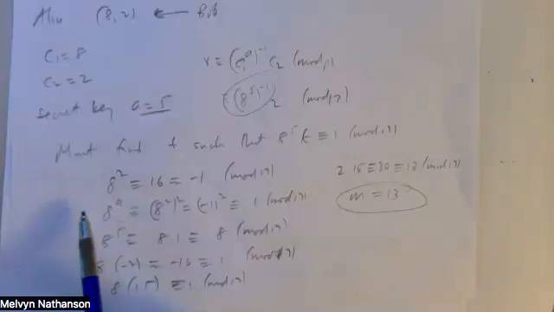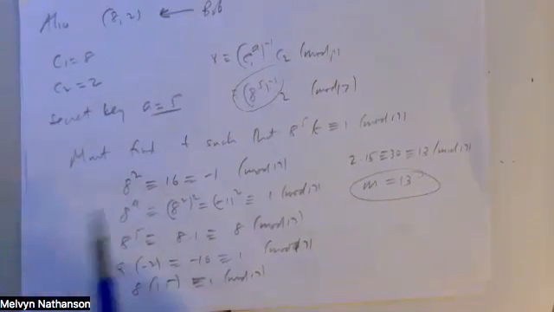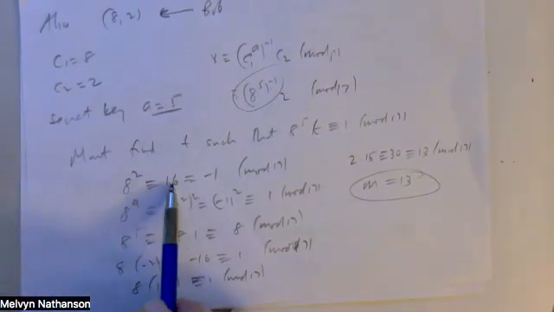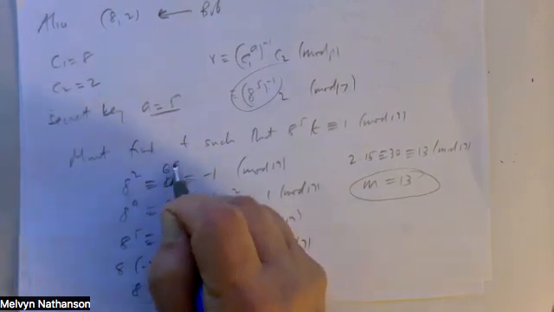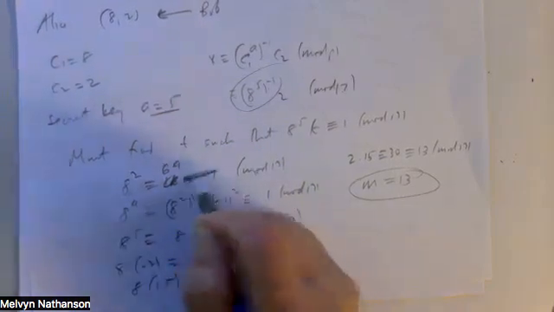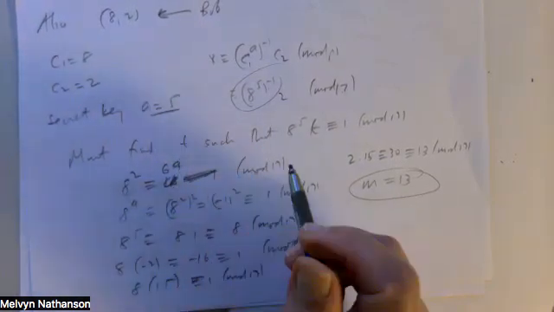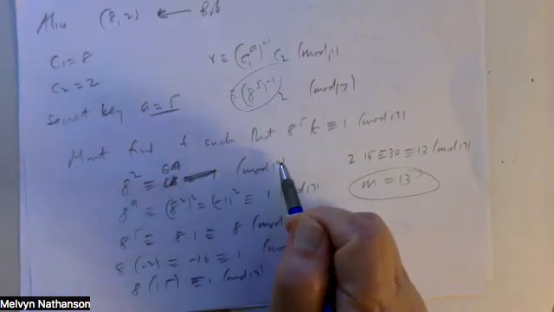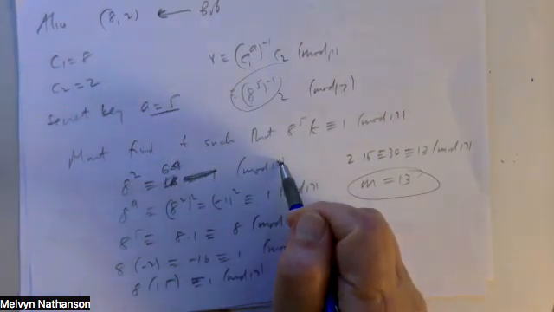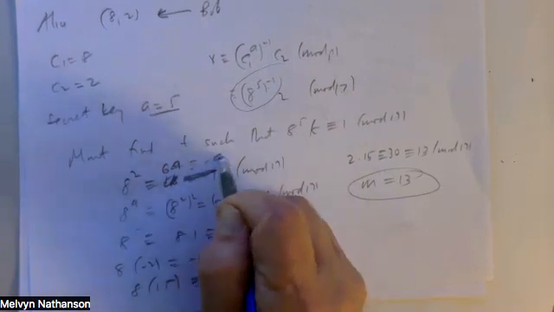Actually, it looks like what I did was completely wrong, though. I did 8 times 2 instead of 8 squared. Yeah, 8 squared would be 64. And 64 mod 17 is what? 3 times 17 is 51, so 64 is 13, this is minus 4.